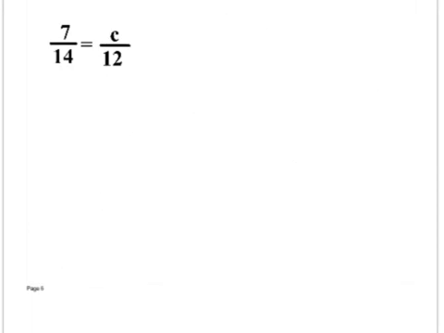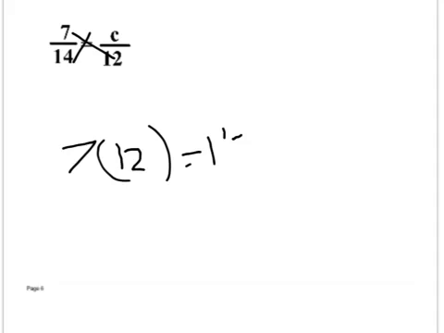Write this down. First thing I do is cross multiply. 7 times 12 and 14c. 7 times 12 is 84.